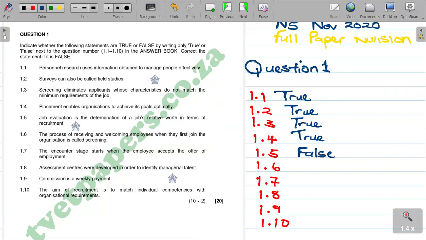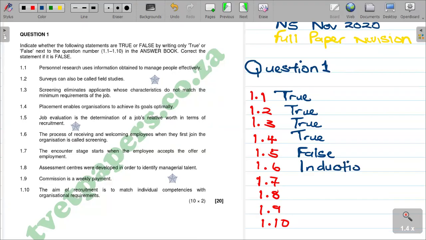The process of receiving and welcoming employees when they first join the organization is called screening. That's false. The process of welcoming and receiving employees when they first join the organization, we call it the induction process or induction program.